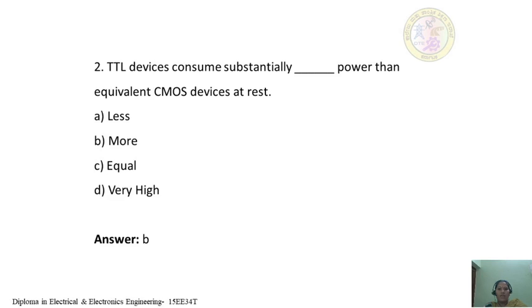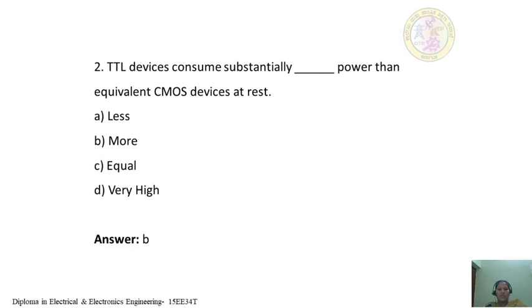Next question is, the TTL device consumes substantially dash power than the equivalent CMOS devices at rest. Option A, less, option B, more, option C, equal, option D, very high.